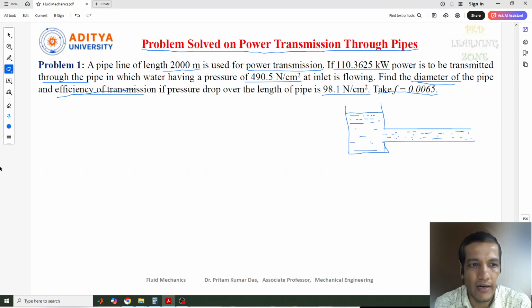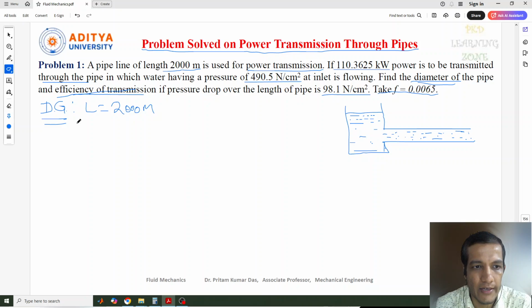So for this, what data are given? Let's write down this data. First, the length of the pipe L equal to 2000 meter is given, and the power transmitted P is 110.3625 kilowatt.